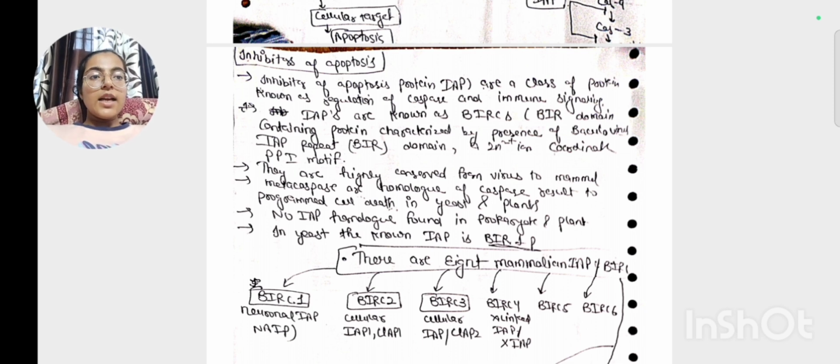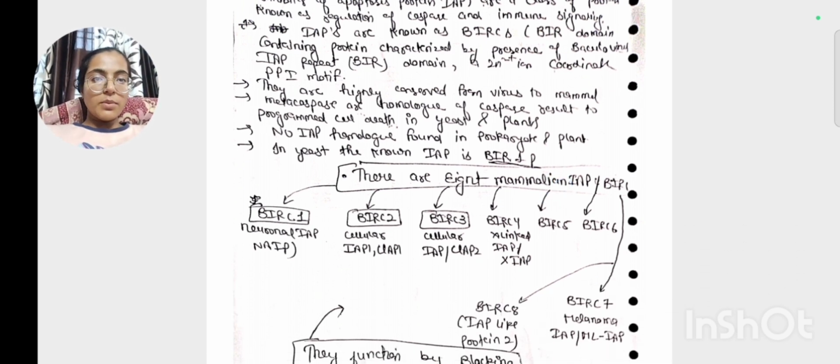Basically, there are 8 types of the IAPs, right? BIRC1, BIRC2, BIRC3, similarly 4, 6, 7, 8. CSIR NET must ask a question about which BIRC is equivalent to what function. BIRC1 performs a function in neurons, BIRC2 in cellular level function, BIRC3 also at the cellular level, and BIRC4 is X-linked.